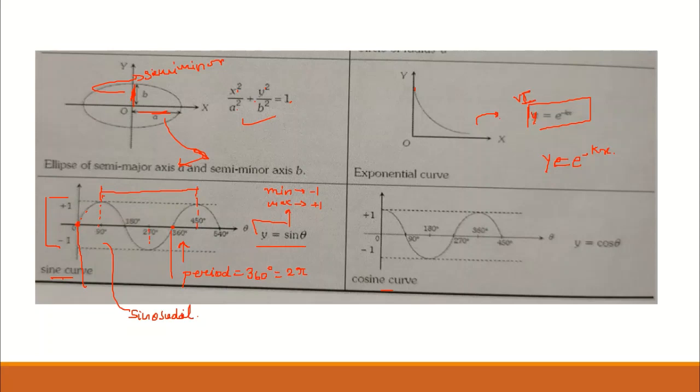If it starts from +1, then the graph is said to be the cosine curve, or y is equal to cos theta. Again the minimum value is -1 and the maximum value is +1. Again the period of this graph is 360 degrees. It will repeat itself at 2 pi. This is the entire complete cycle.